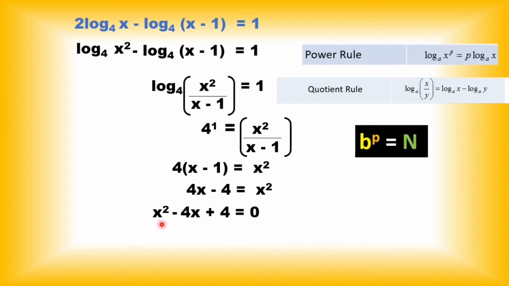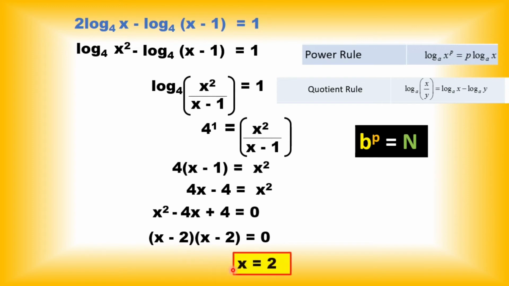This is a perfect square trinomial. So, ang factor nito ay the quantity x minus 2 times the quantity x minus 2 equals 0. So, the opposite of negative 2 is positive. So, the value of x is equal to positive 2.